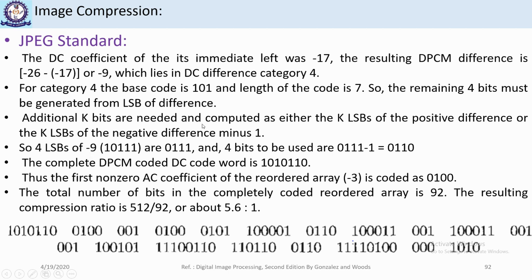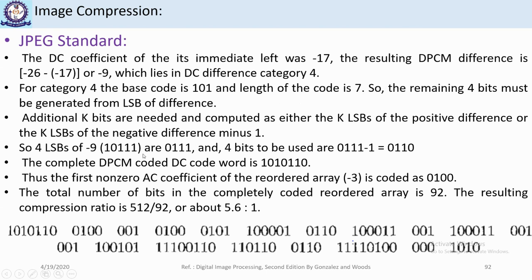If the difference is negative, we need to represent this difference in binary form. Minus 9 is represented by 10111. Its four LSBs will be 0111. Now, since the difference is negative, we have to subtract 1 from it.